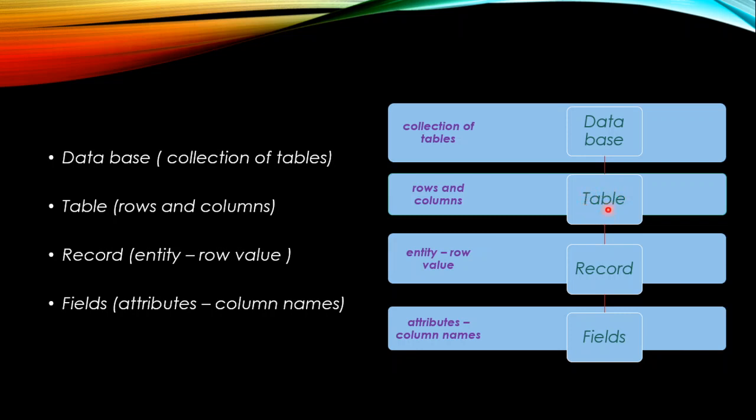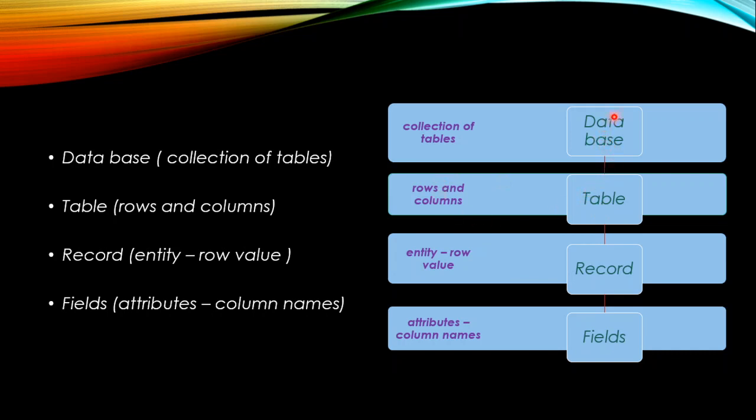In schools they have higher secondary classes and elementary classes. Likewise, there are different groups of people in any institution or organization. So we can maintain the data of that information in separate tables. Then it will be easier to organize and access. So that is the concept of a table, and many tables form a database.